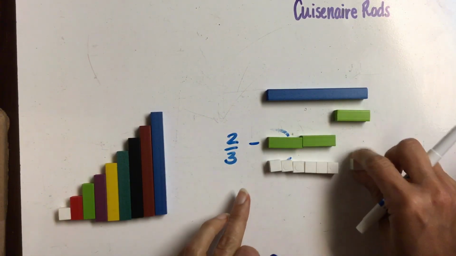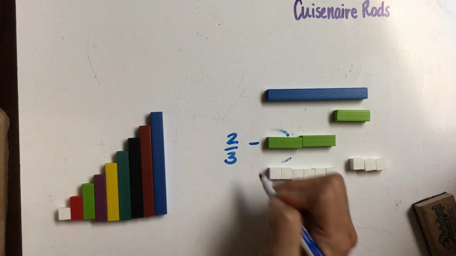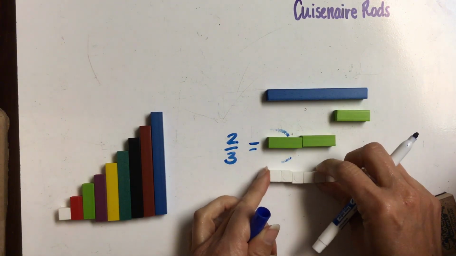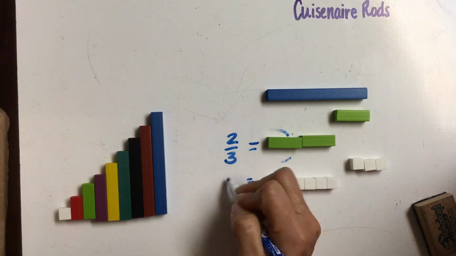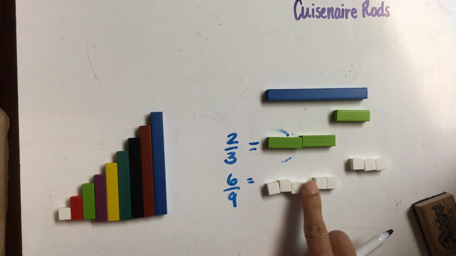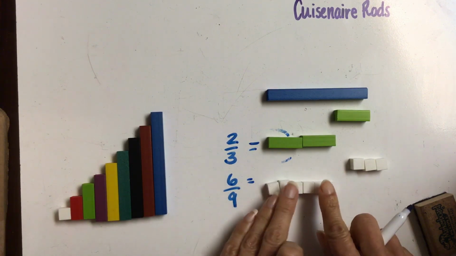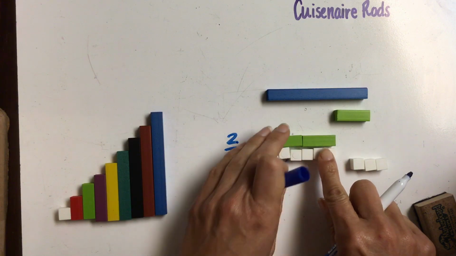Well, what is it equal to? Remember each of these is a 9th. So 2/3 is equal to 6/9. Do you agree? See, this is a 9th. 1, 2, 3, 4, 5, 6. 6/9. So these are equivalent and they are the same size.